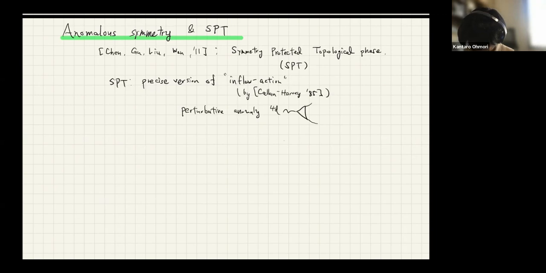Then what Callan and Harvey taught us is that it's better to think of this 4D system as the boundary of one 5D system, and in the bulk of the 5D system we have an effective action like A F F, where A is the U(1) background.